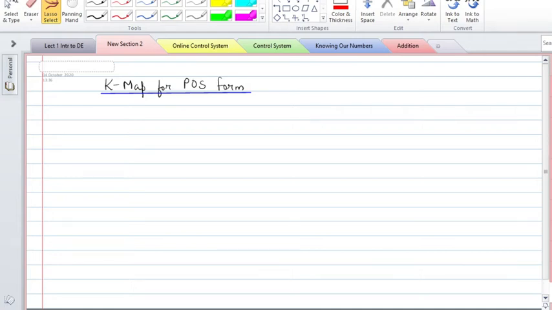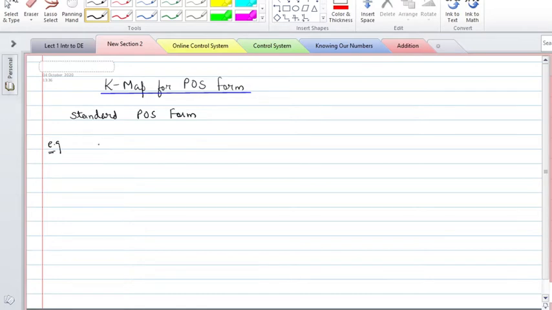Hello friends, now let us see the K-map for POS form, starting with a special case, that is your standard POS form. Let's have an example.